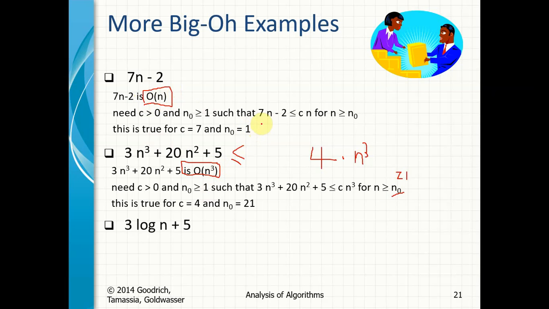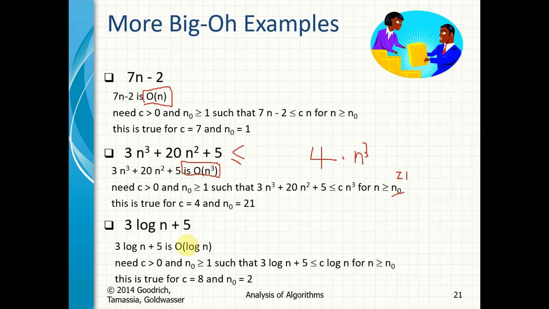That is what we are looking for. Let's see one more example: 3 log n plus 5. Then we will know that it is O(log n), because we can find c equals 8 and n0 equals 2. Then the case becomes valid.